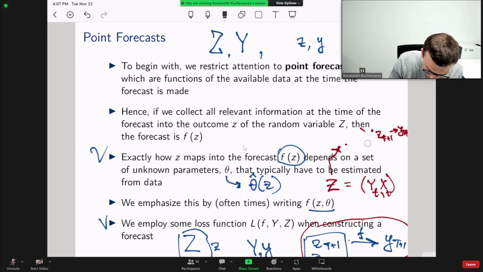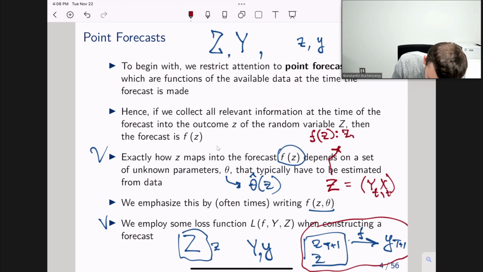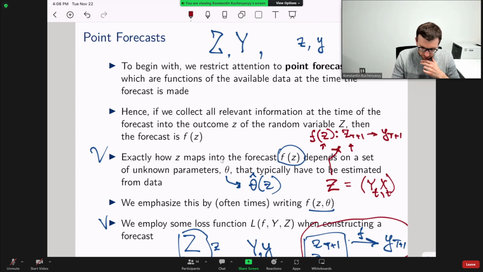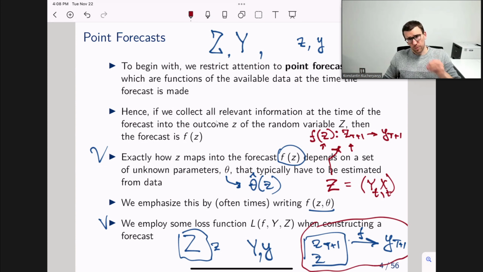Let me write it here. So we use this forecasting rule to map Z_{t+1} into Y_{t+1}. And in that sense, we are constructing a decision rule. We need to decide, given the data Z and the new observation Z_{t+1}, what action should we take, or what should be the outcome.